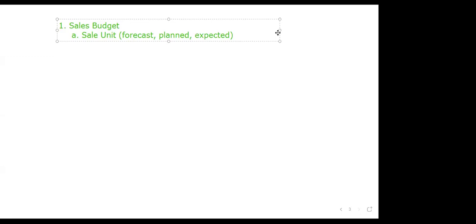Okay. Apart from this, as someone who manufactures or who sells, you also want to look at how much they can buy this. What price would they pay for this? So selling price, right? You can also forecast your selling price. So selling price becomes another thing that we think through when we are looking at the sales budget.